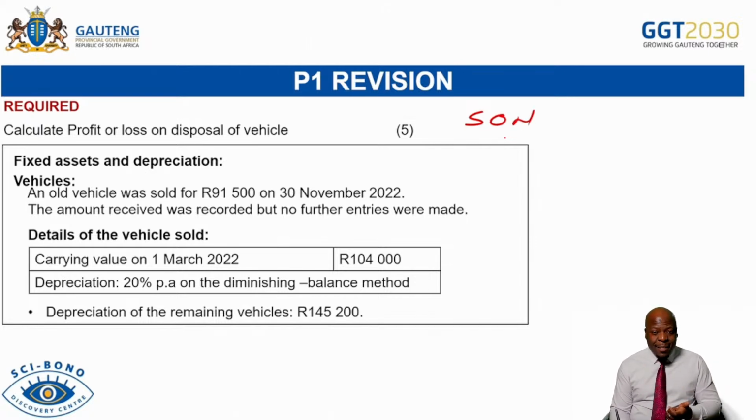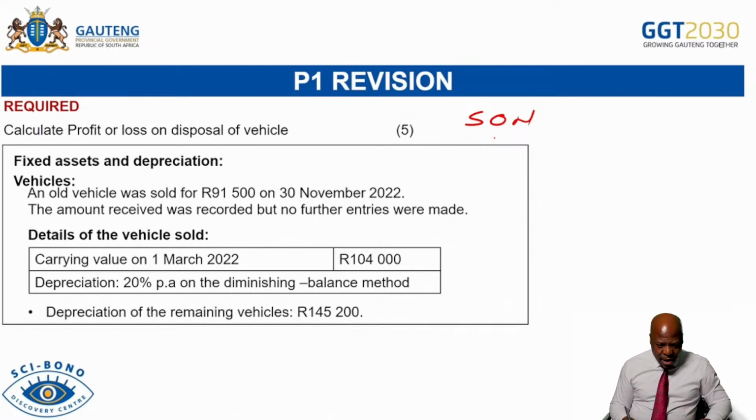Remember your methods. That is your cost method as well as your diminishing balance method. So as you prepare for tomorrow, once again, remember how to calculate depreciation when you're given an asset that has reached the end of its useful life. The 1 rand residual value principle. Remember how to do that. Remind yourself so that when you see that, then you will be prepared.